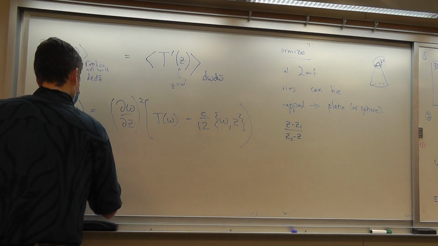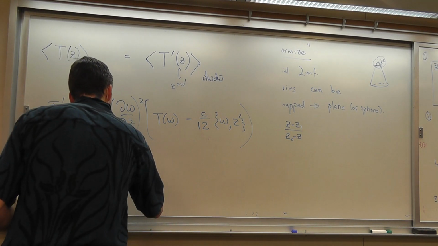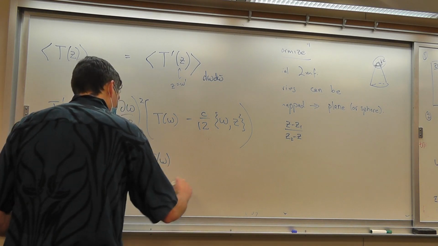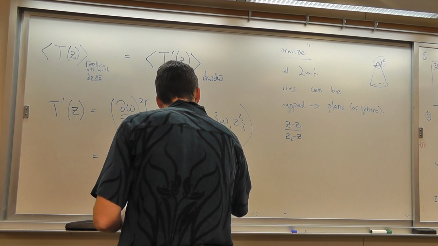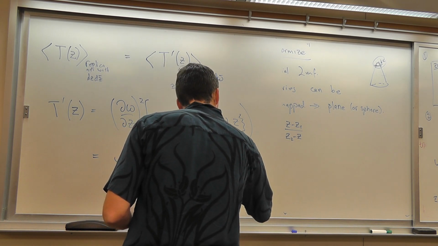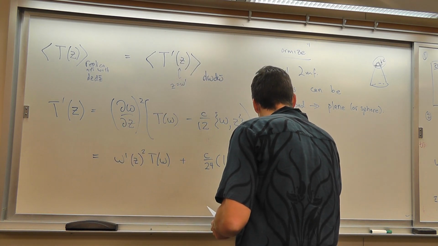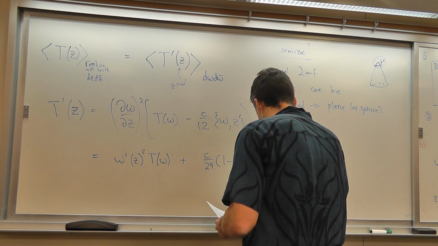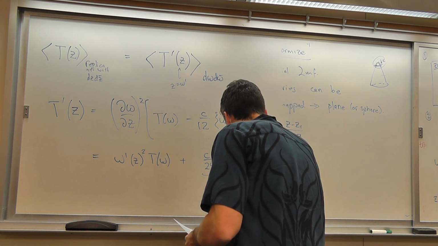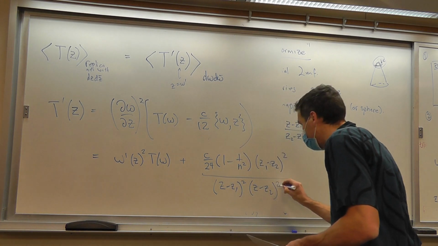Which I think you calculated, and the answer is w prime of z squared T of w plus c over 24, 1 minus 1 over n squared, z1 minus z2 squared over z minus z1 squared, z minus z2 squared.